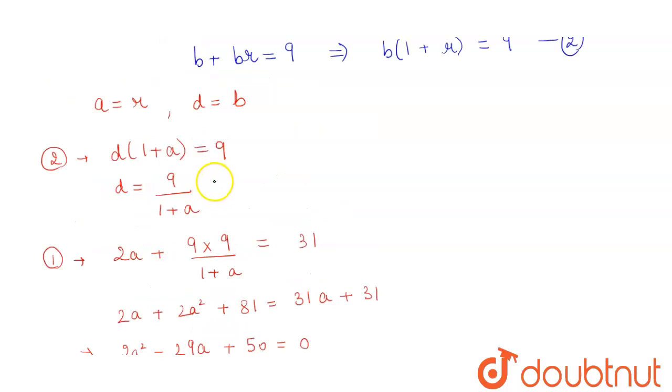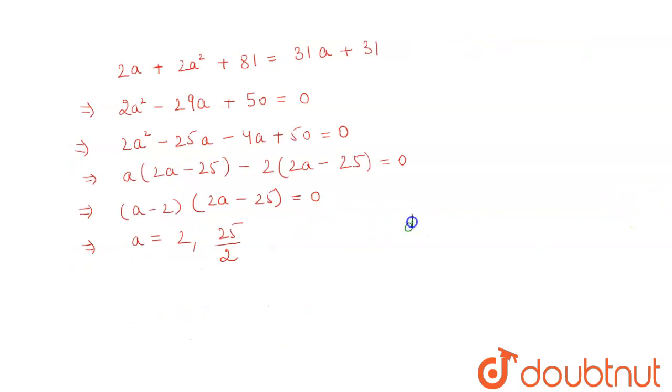Now we know that the value of d in terms of a is 9/(1 + a). So the corresponding values of d come out: if we put a = 2, this becomes 9/3, which is 3, and for a = 25/2, it becomes 9 upon 27/2, which equals 2/3.